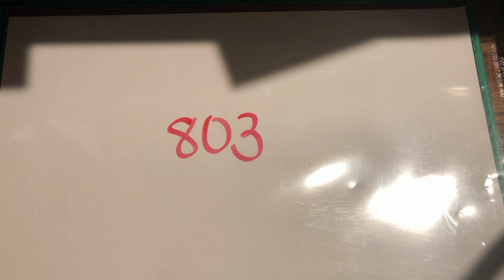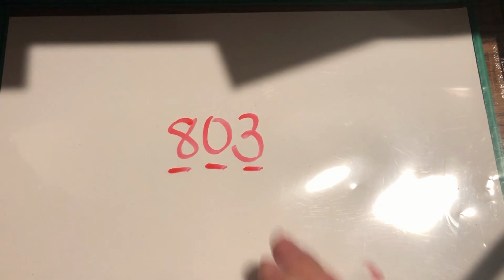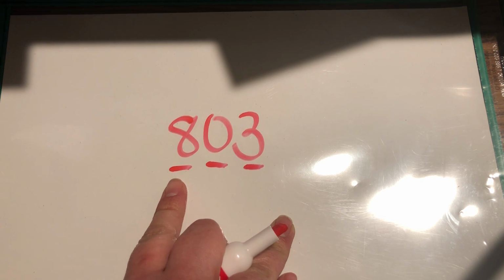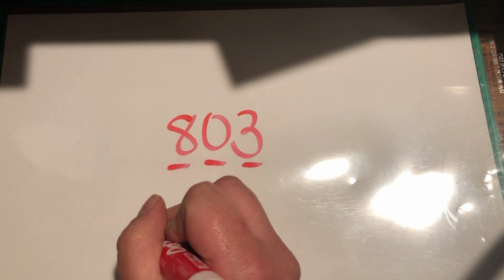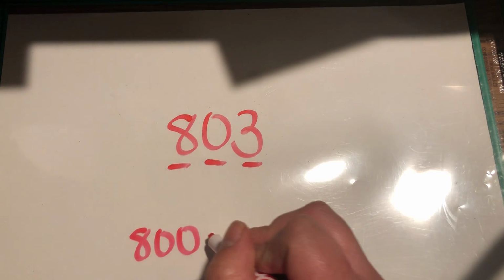Okay, our number is 803. So I'm going to look at my different place values, and I always start with the biggest one. So what is my largest number? 800. That's my largest value here.